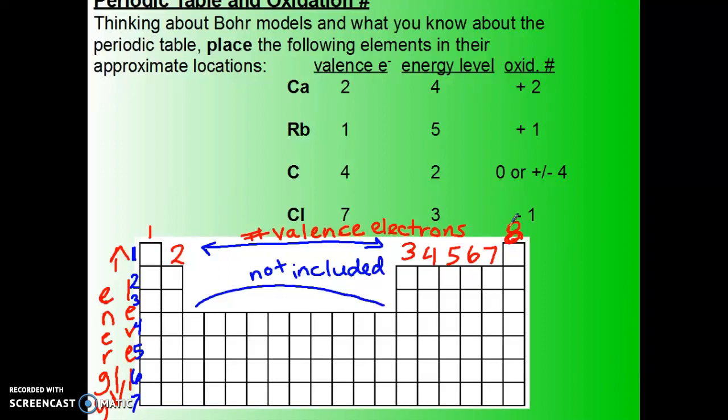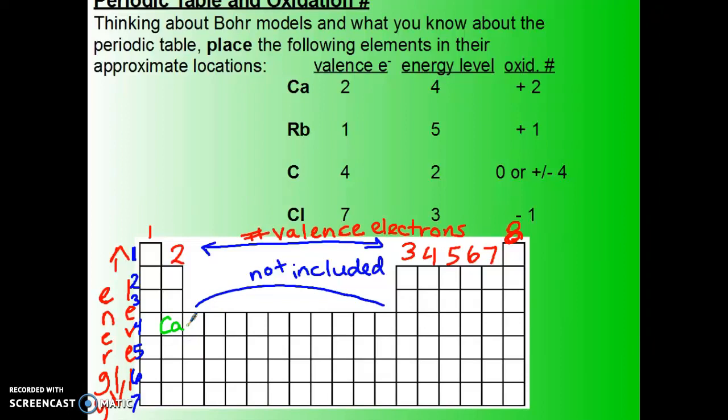So the periodic table is a super useful tool, and it can help us with a lot of different questions about the charge and why some elements will react with other elements, and we'll get to that in a minute. So, calcium. We know it's in energy level 4, and it has 2 valence electrons. So that means calcium is located on the 4th row in the 2nd column. So here's calcium.